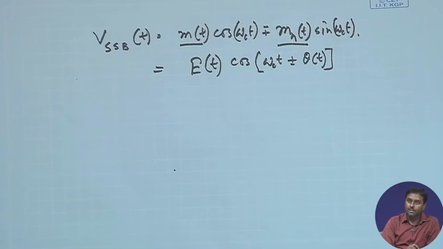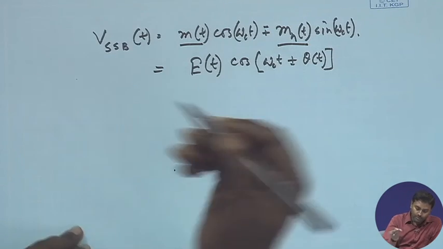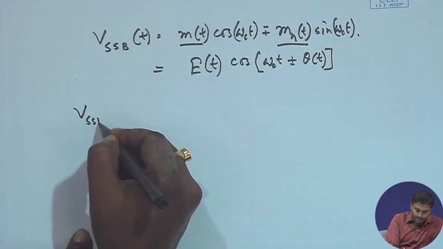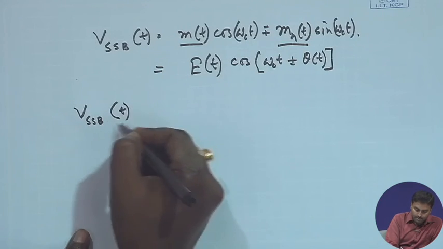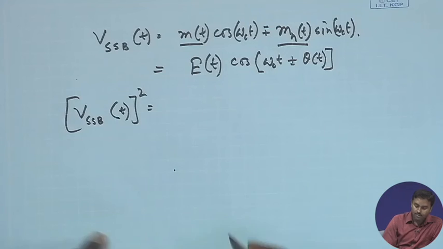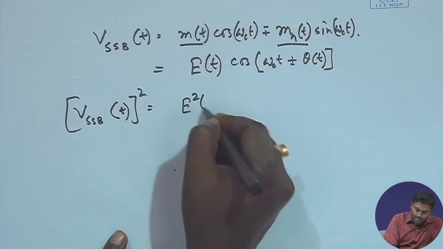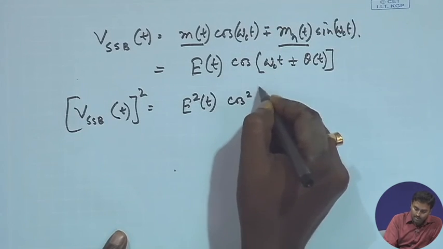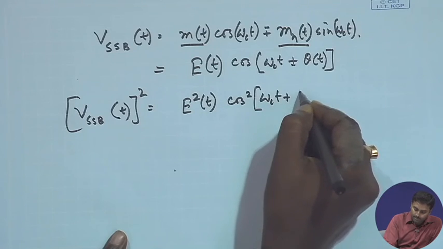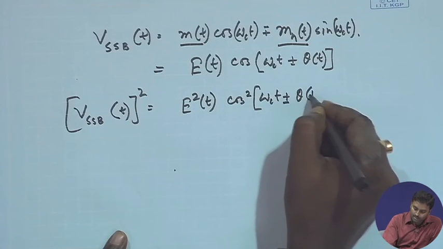Now, if I just square it, it is all about squaring. Earlier we have seen with squaring we are getting things. So, you square VSB(t). What do we get? We get e²(t) cos²(ωct ± θ(t)).